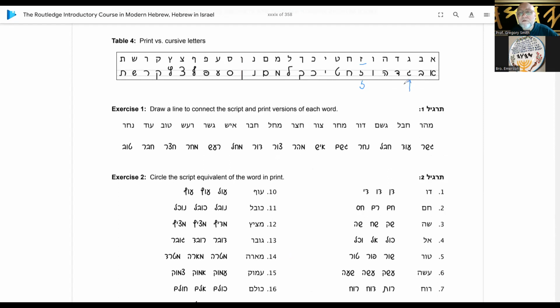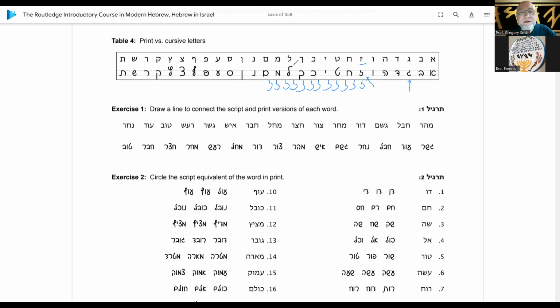Look at the gamel. These look almost exactly alike, but the gamel is turned this way and the zayin is turned this way. Like a sickle that's turned the other way. Zayin. Okay, so that's zayin.